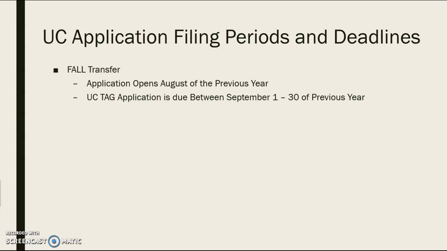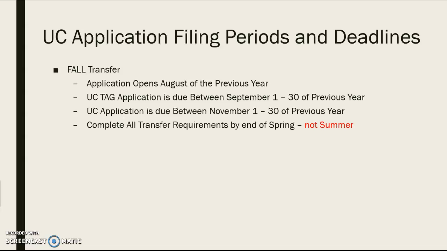The TAG application, if you meet the requirements for TAG, you would apply during the month of September of the previous year. The application to the UC itself is due between November 1st through November 30th of the previous year. So again, if you're looking to transfer for fall 22, you would apply November of 2021.